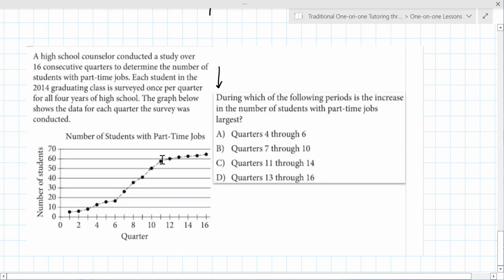Or is it 11 to 14? Or is it 13 to 16? So you could actually do the calculations, but if you had your pencil out, you could draw lines from 4 to 6, and then from 7 to 10, and then from 11 to 14, and then 13 to 16. So it would be B. Yes.